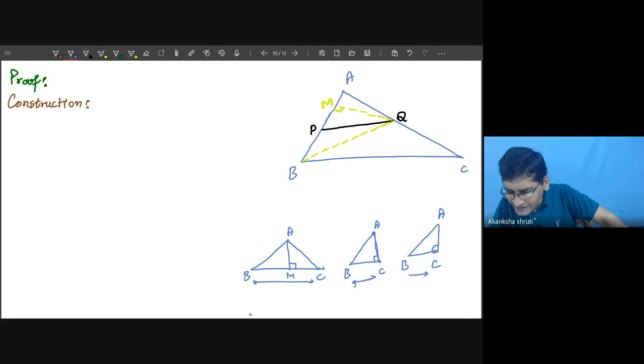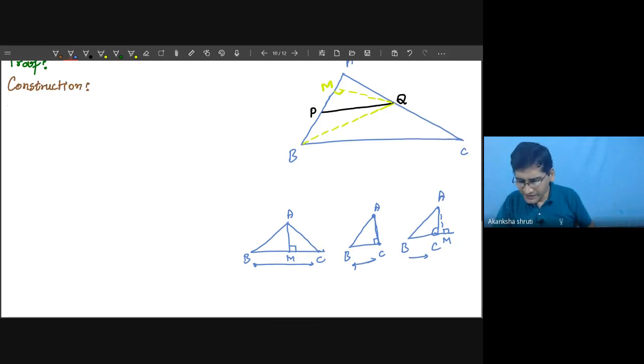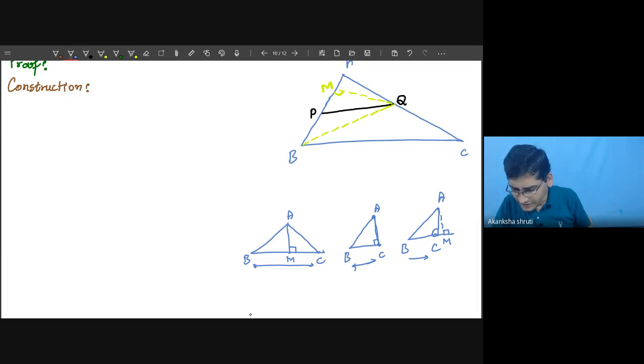For drawing the 90 degree perpendicular from A over the side BC, it will not lie between B and C. Rather, if you draw the perpendicular, you will observe it is going to cut BC on the extended part. So it is M. Right? The similar situation is also here.